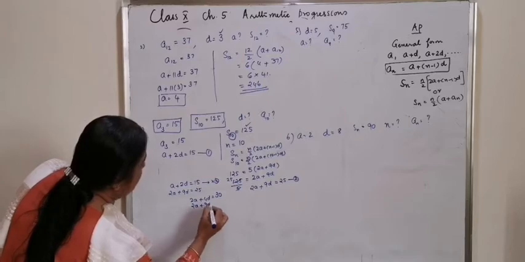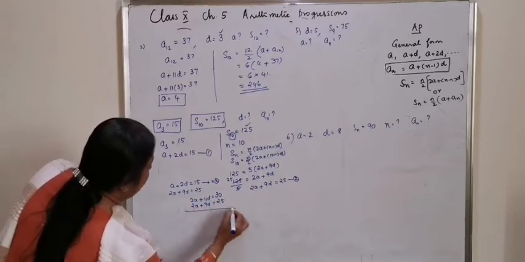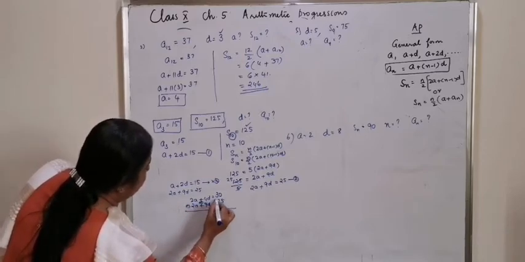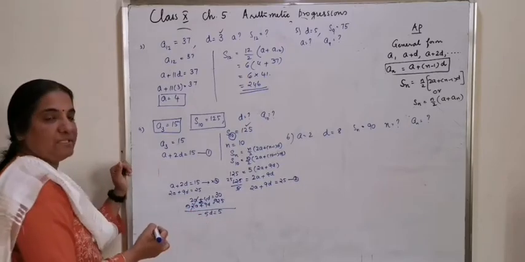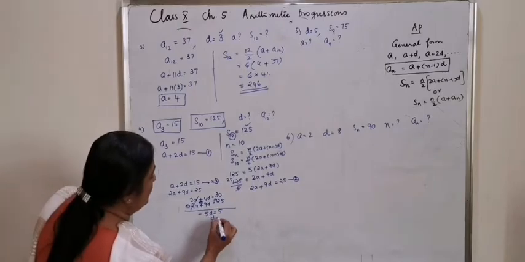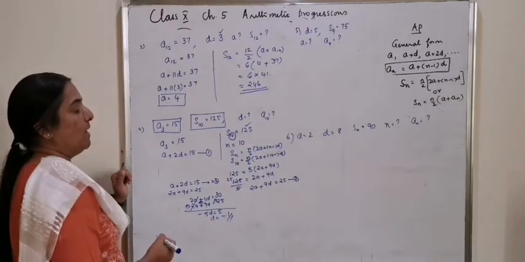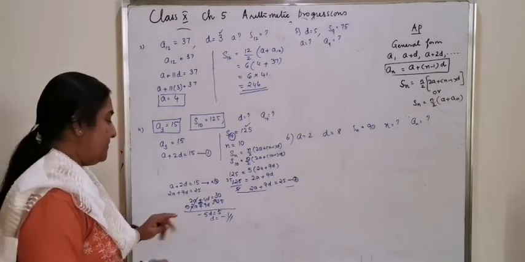The second is 2A plus 9D is equal to 25. Change the sign. You are getting minus 5D is equal to positive 5, or the value of D is minus 1. Substitute the value of D in any one equation.